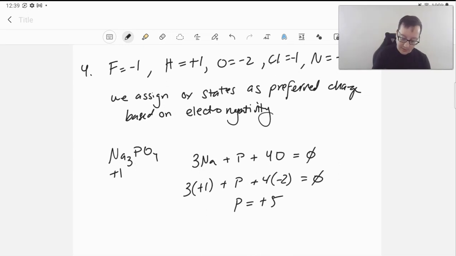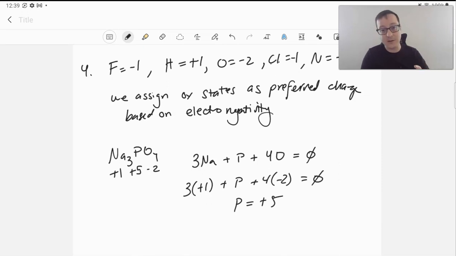And remember that we're always going to report the oxidation numbers for one atom of each element. Each sodium is plus 1, so we're going to indicate its oxidation number is plus 1. We're not going to say plus 3. The 3 is from the subscripts. We don't deal with that. For phosphorus, its oxidation number is plus 5, and for oxygen, it's minus 2.